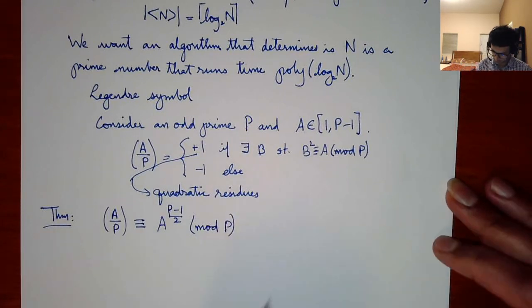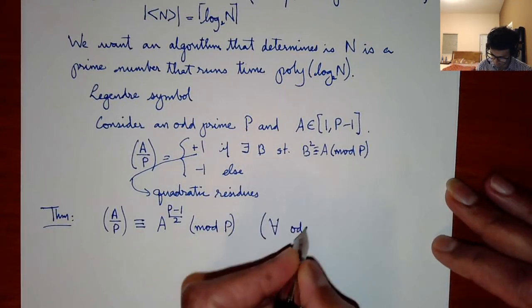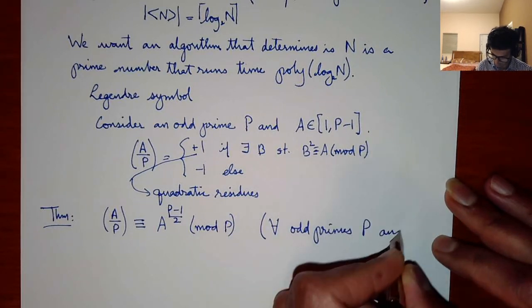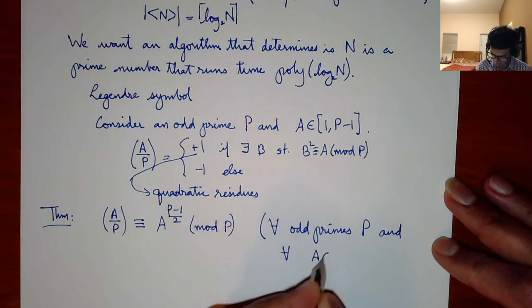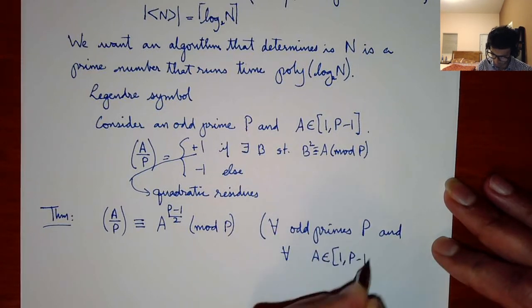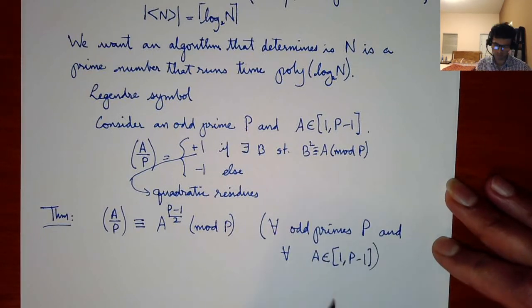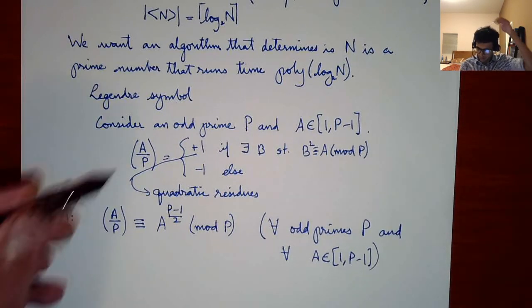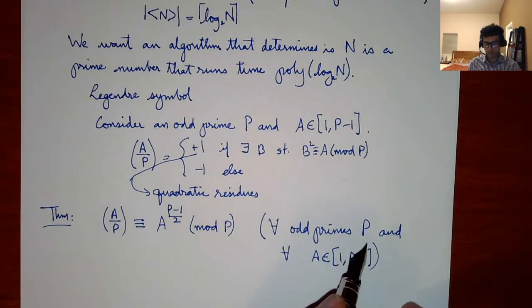So this is, again, for all odd primes p and all a. Technically this is even true for all a, but one has to redefine things, and so I'll just stick with this. So this is a property that all prime numbers have. If you fix a prime number, then for every a, this theorem will hold.